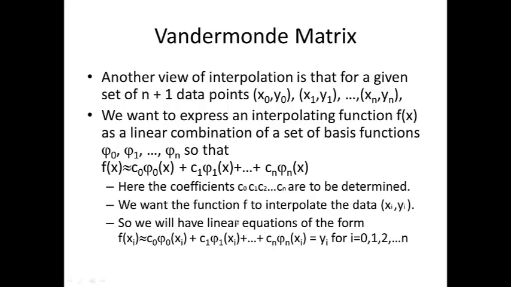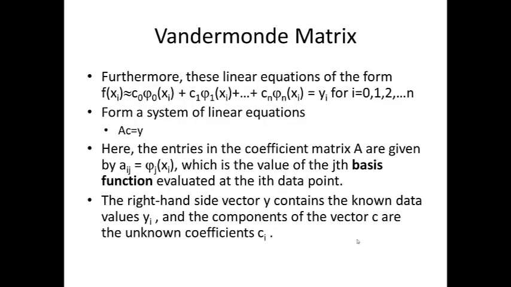So we will have n plus 1 linear equations of the form f of xi is approximately c0 phi0 of xi plus c1 phi1 of xi plus cn phi n of xi is equal to y sub i for i equals 0 through n.